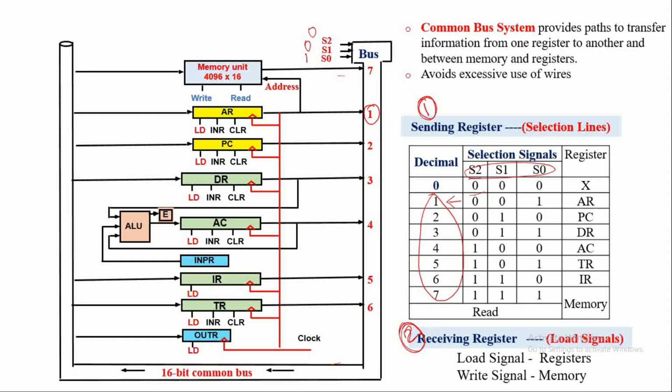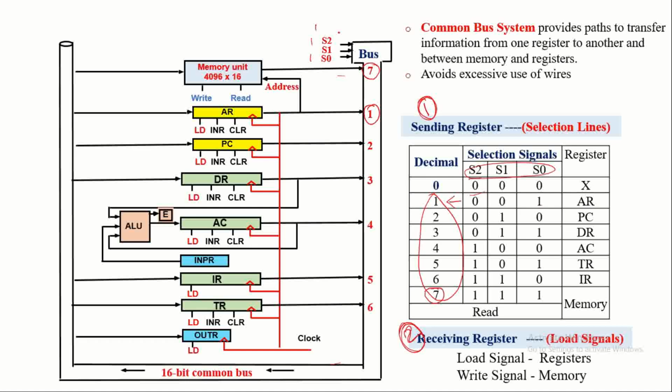And if instead of 100 the selection signal values are 111, since 111 is decimal equivalent to 7, which is specified along the memory unit, now the memory unit has to transfer its information.